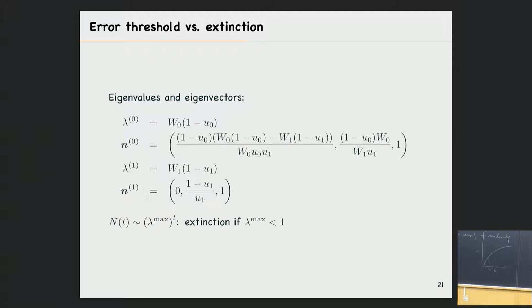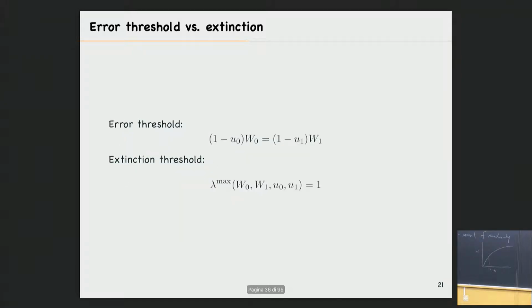The number of individuals in the population will be proportional to this maximal eigenvalue to the power t. And therefore, if this maximal eigenvalue is smaller than 1, the population eventually goes to extinction. On the other hand, the error threshold corresponds to the loss of the wild type in the population.